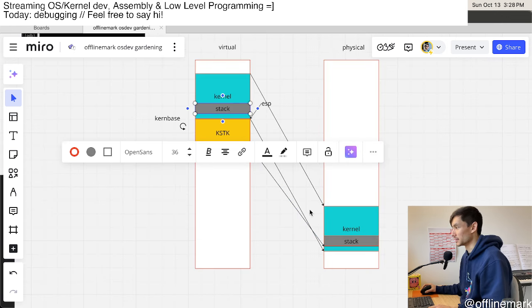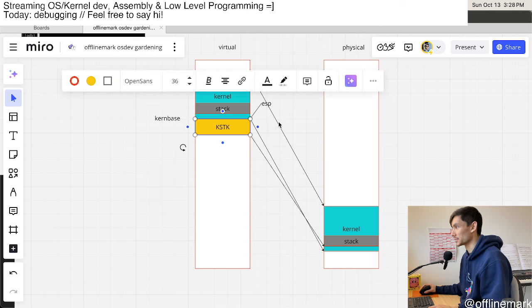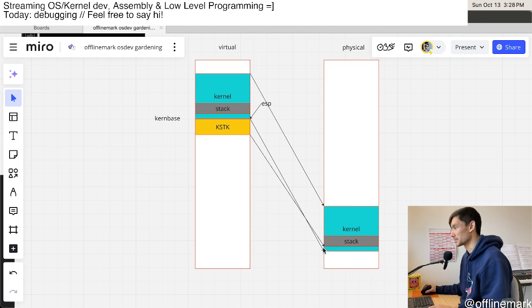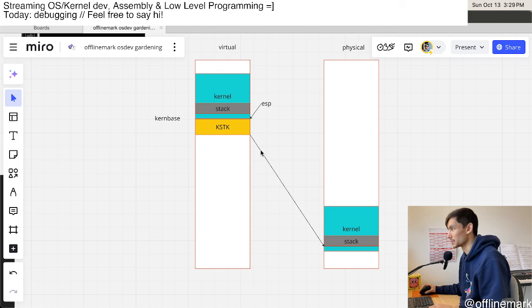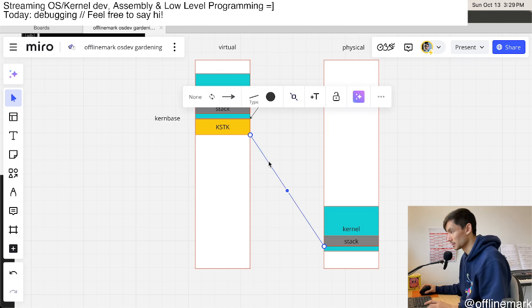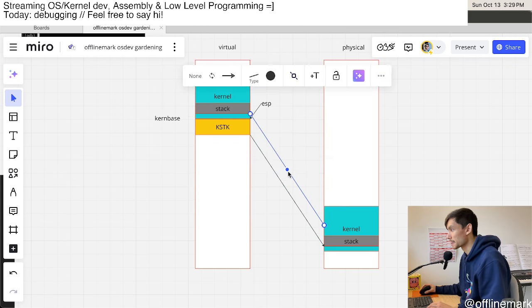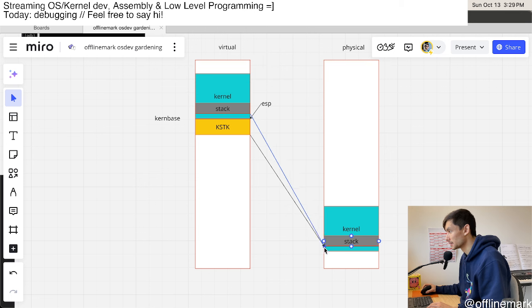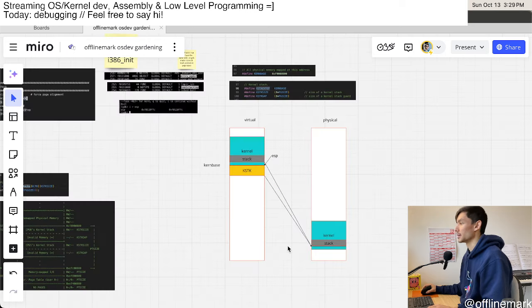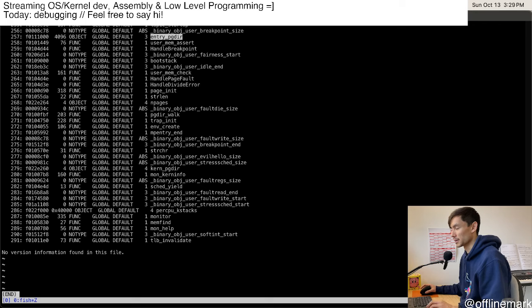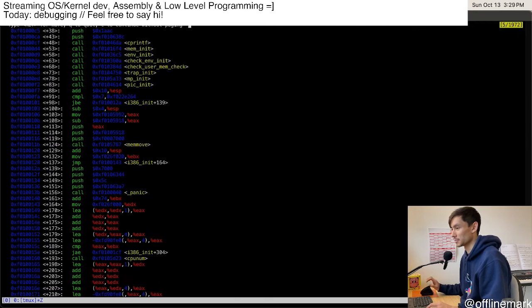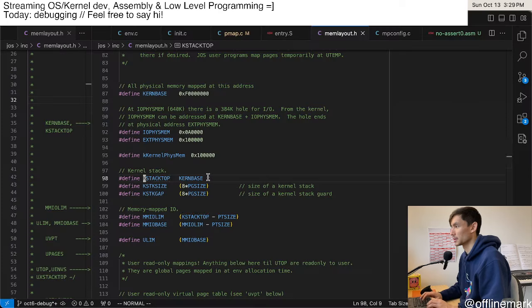So these kind of alias each other. This stack memory and this K stack memory both point here, I believe. Maybe I'll delete some of these arrows to make that clearer. These kind of alias each other and point to the same place. Okay, so that helps clear a few things up in terms of just where we're running.